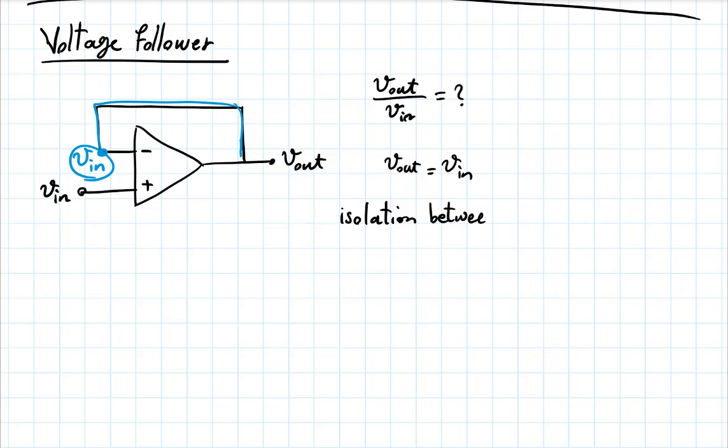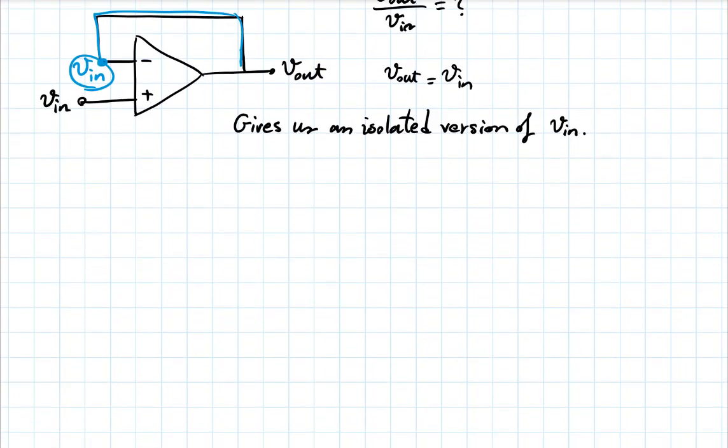Or let's say it gives you an isolated version of Vin. So it doesn't impose any current on whatever is generating Vin.